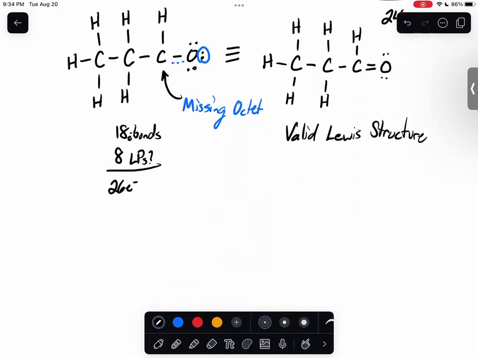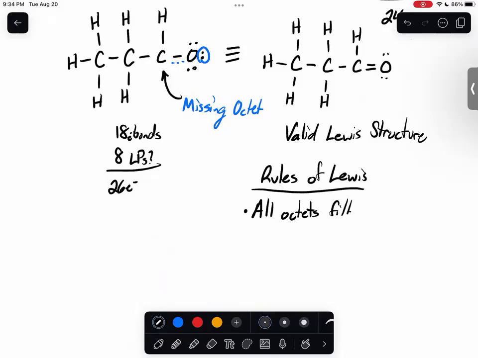If we're looking at rules of these Lewis structures, like I said, all octets have to be filled, and most neutral structure is best. Sometimes you cannot avoid having charges, and that's okay. However, we want to try and keep it neutral because that's how the molecules want to exist.